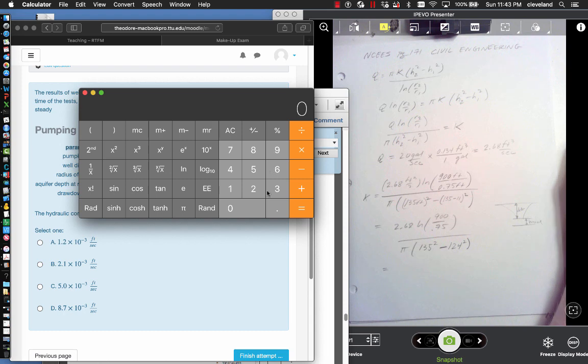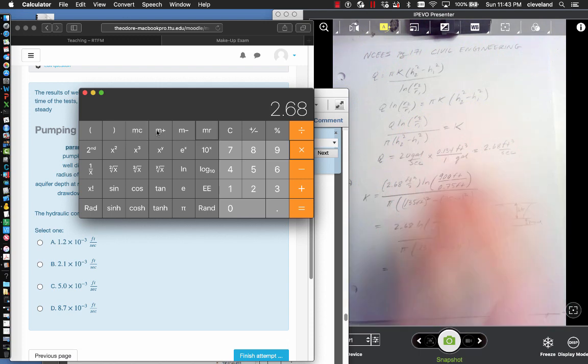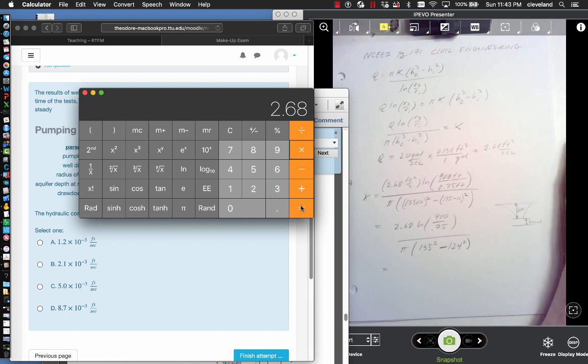Clear everything. 900 divided by 0.75, take the natural log of that, multiply that by 2.68. Clear the memory, so the numerator is 19.